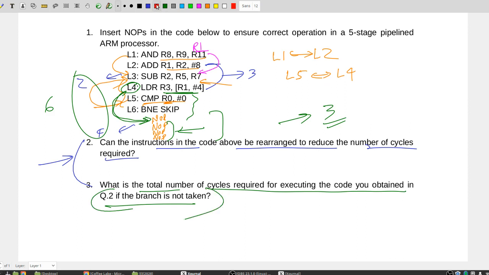Now the number of cycles, what is the total number of instructions executed? You have a total of 6 instructions plus 3 NOPs, total of 9 instructions, right? So for 9 instructions, how many cycles will it take?